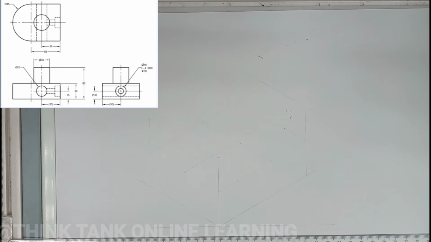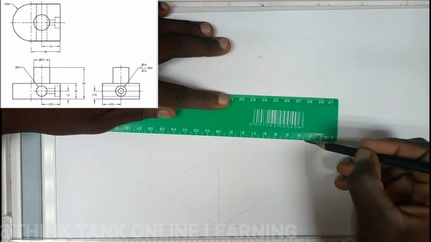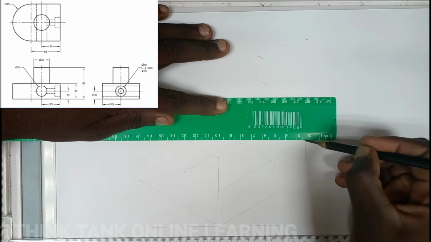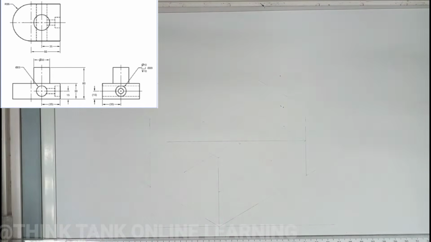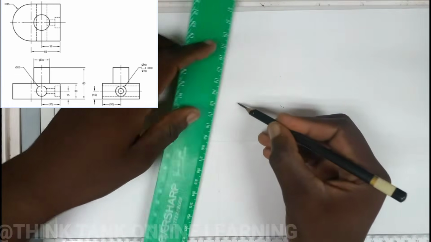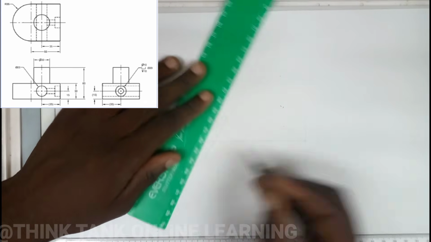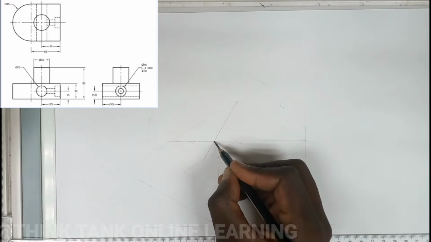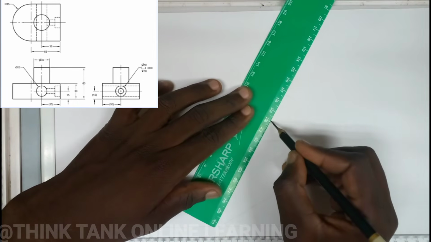Then after doing that, I'm going to join the longest diagonal, which is this corner and this corner. Now I'm going to join this point and this point, so automatically this is one of my center points.